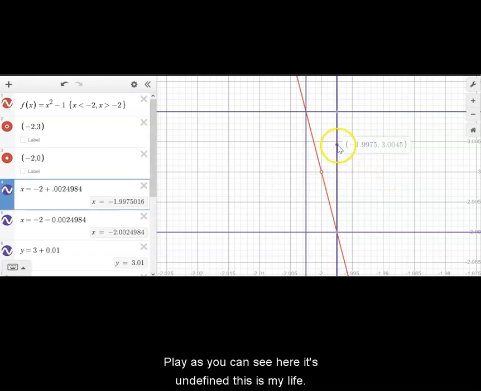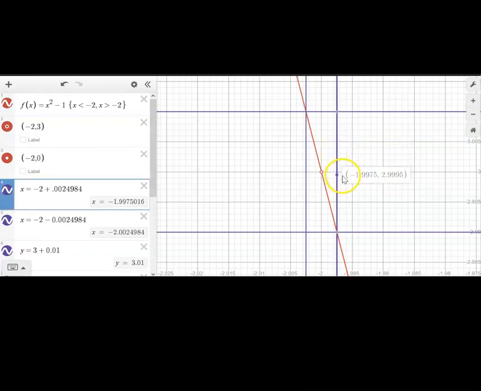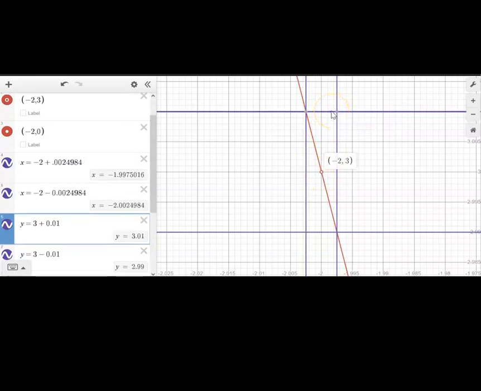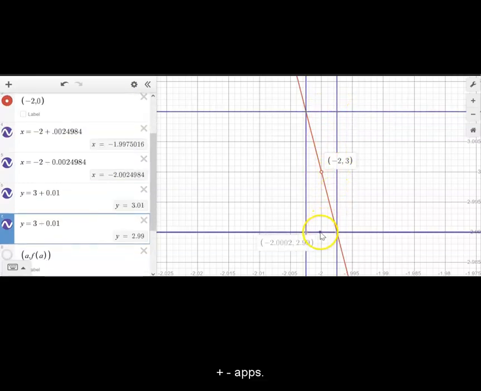This is my line, -1.996, so it's -2 plus delta, so this is the upper bound. This is my a value plus delta, and this is my a value minus delta. This is my limit of 3 plus epsilon and minus epsilon.